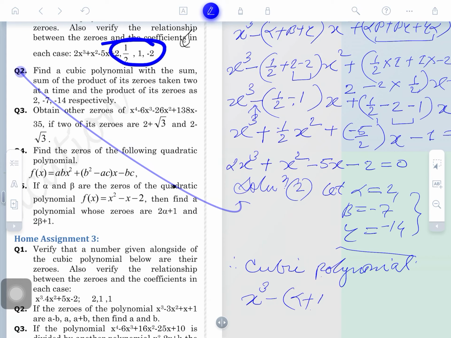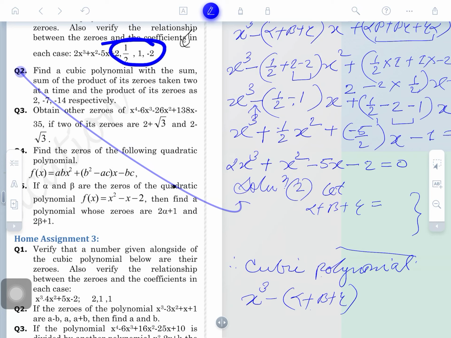Their sum is alpha plus beta plus gamma, right? Listen, guys, you may see these are not alpha, beta, gamma. Actually, these are the given sum and products.